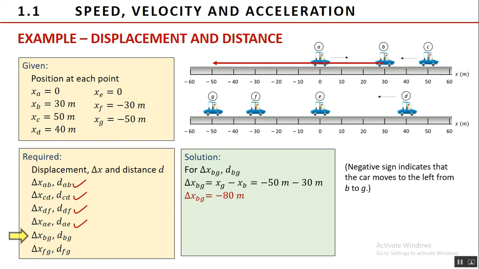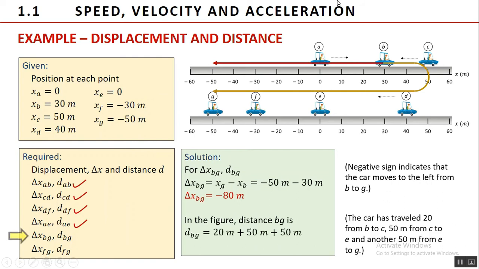Again, the car moves to the left from points B to G. For the distance traveled, before going to point G, it has traveled 20 meters from B to C, 50 meters from C to E and another 50 meters from E to G. So the total is 120 meters. I hope that at this moment you can now distinguish between distance and displacement. Displacement only depends entirely on the initial and final positions of the object, while distance is a path-dependent kinematic quantity.